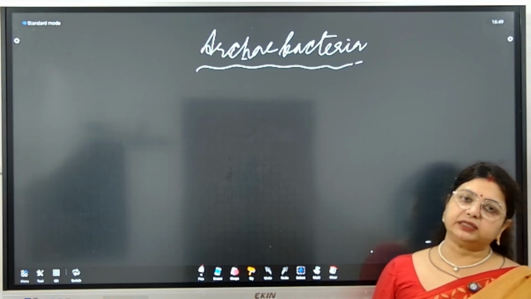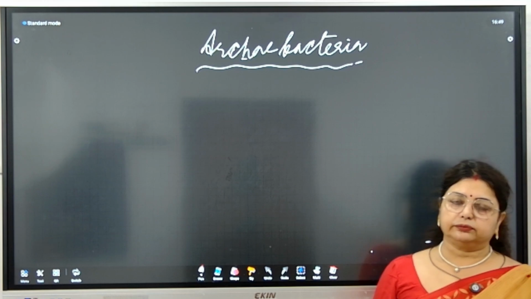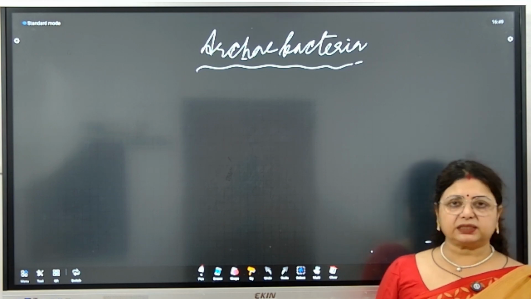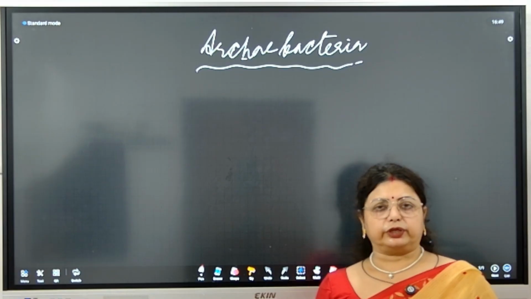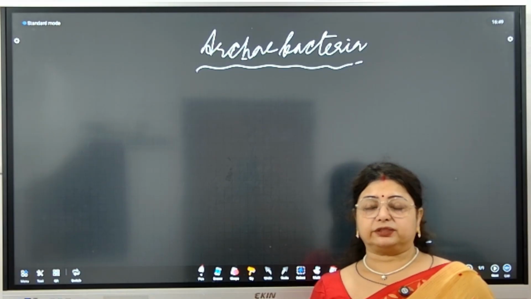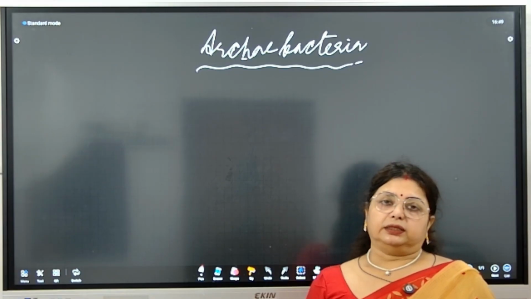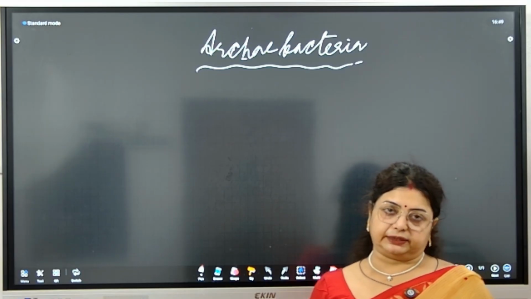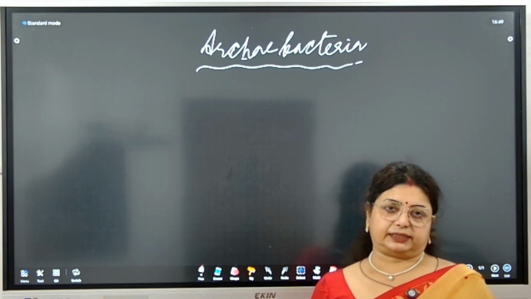We know that the bacteria have a cell wall, and that is made up of peptidoglycan, then cell membrane and everything, whatever you have studied about the bacteria. So here the cell wall is not made up of peptidoglycan, it is made up of pseudopeptidoglycan and glycoproteins.